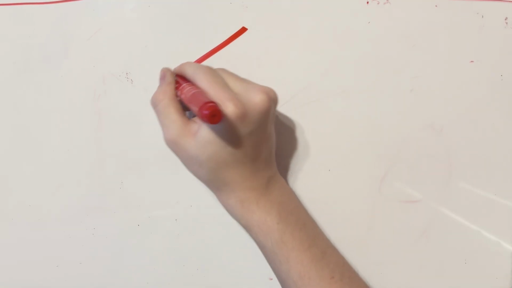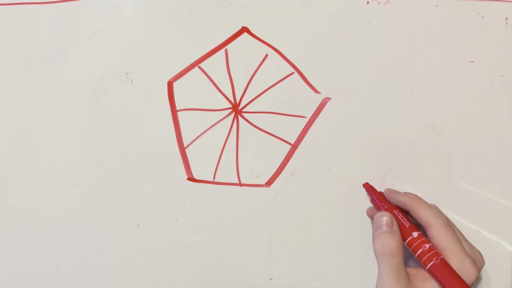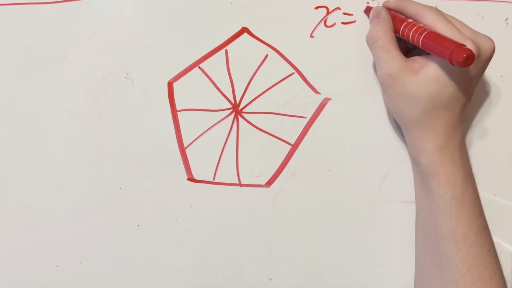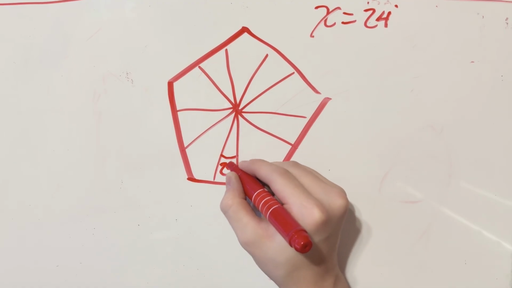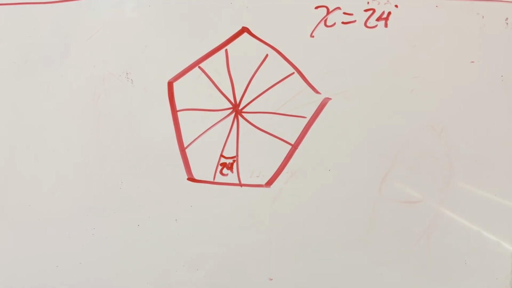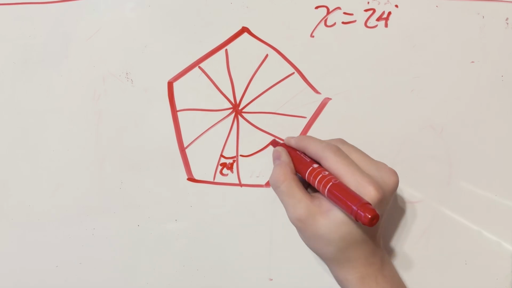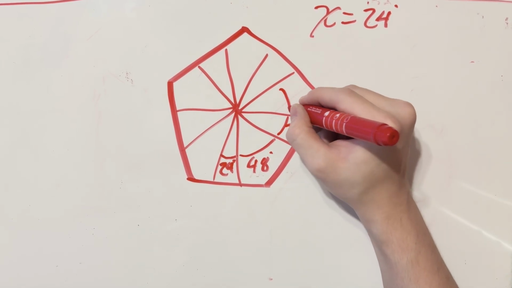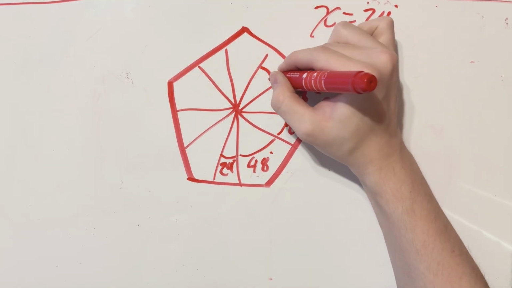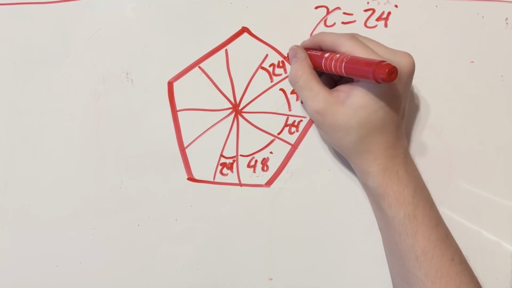But now let's think about a pentagon. We know that x is equal to 24 degrees, so this angle is 24 degrees. Then we would have 48 degrees, 24 degrees, 48 degrees, 24 degrees.